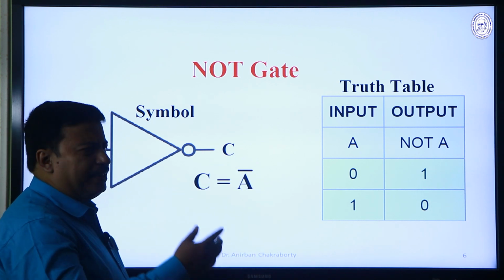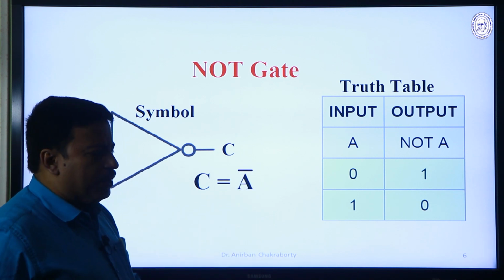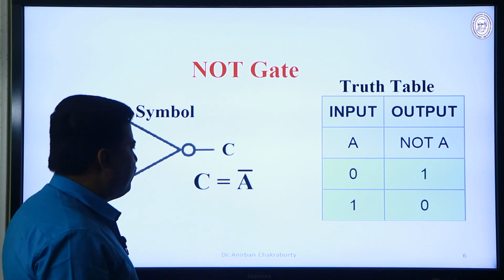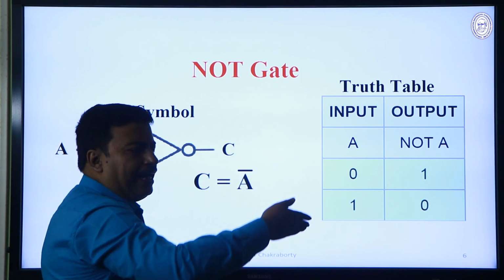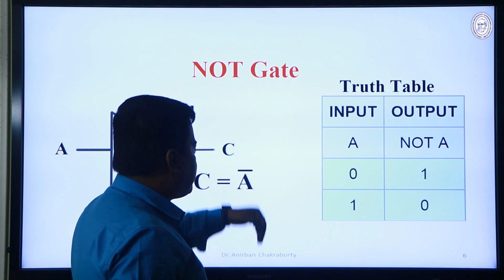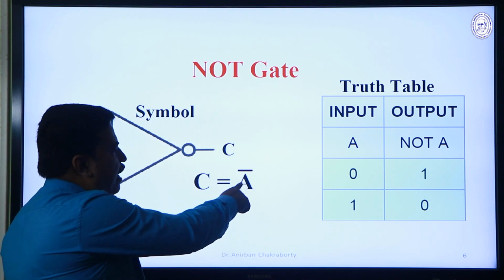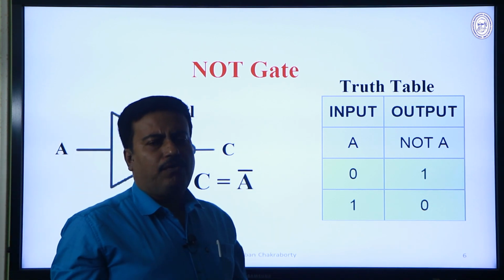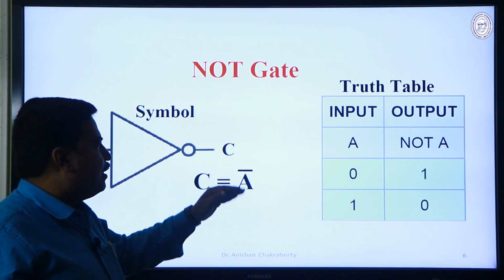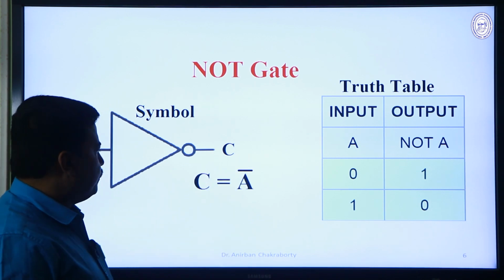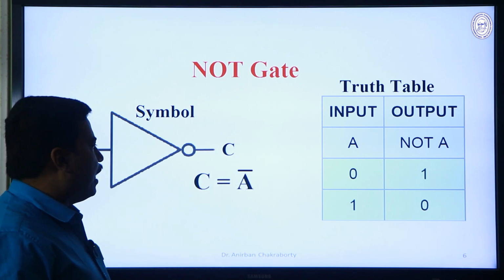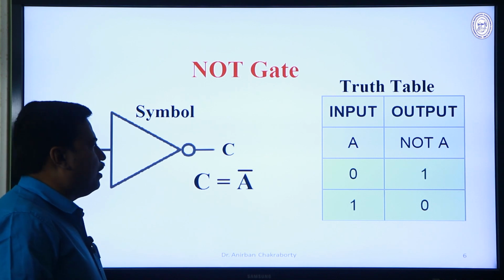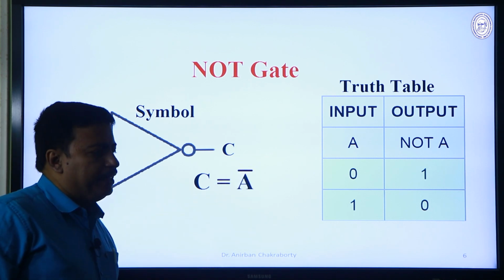In some books you may observe A prime, with just a single quote like thing. Whatever it is, this bar or prime means there is a presence of NOT gate. A prime or A bar means whatever the value of A is, it is just the opposite. If A is 0 you have to write 1. So this is the symbolic representation of the NOT gate.